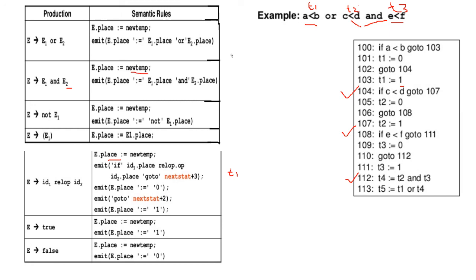That means now we have variables T1, T2, T3. We have created T4. T4 is equal to E1 dot place, that is T2, and E2 dot place is T3. T2 and T3. Now we got the result T4. Now we can perform T1 or T4, E1 or E2. We have to create a new temporary variable, that is T5 equal to T1 or T4.